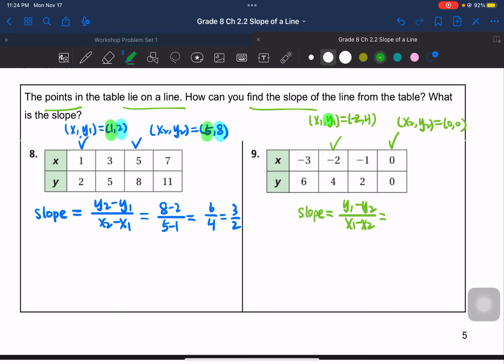So my y1 minus y2 would be 4 minus 0. And my x1 minus x2 would be negative 2 minus 0.